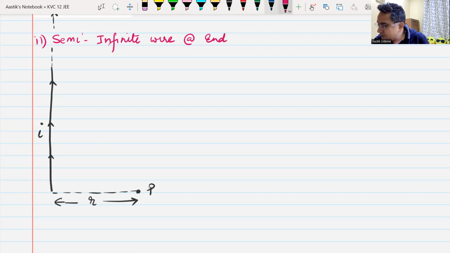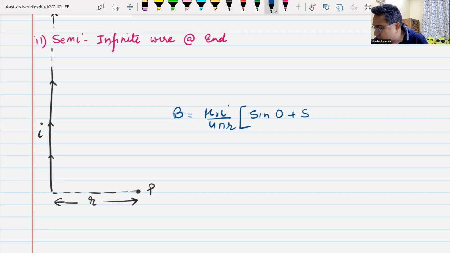The magnetic field at point P will be mu naught I by 4 pi R. One angle has become 90, theta 2 has become 90, theta 1 has become 0, so sine 0 plus sine of 90, and I get this result. The magnetic field at the end of a semi-infinite wire will be mu naught I by 4 pi R.